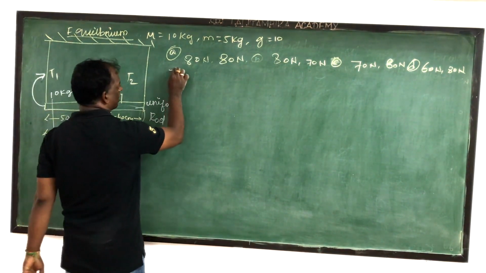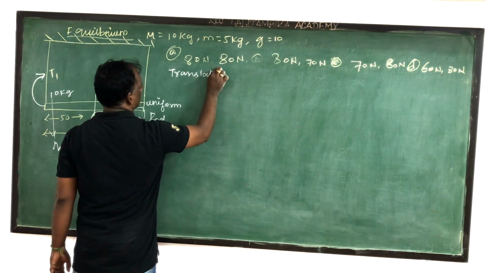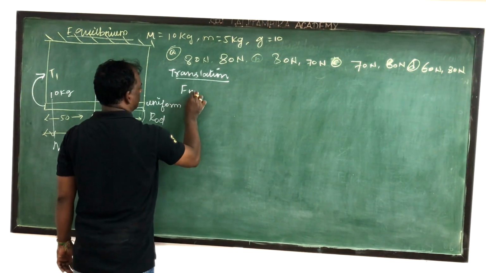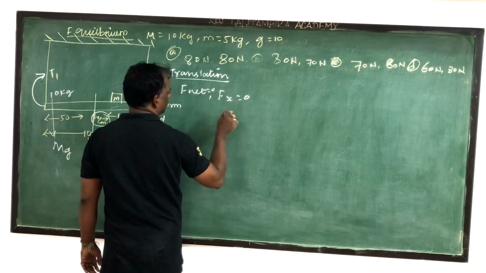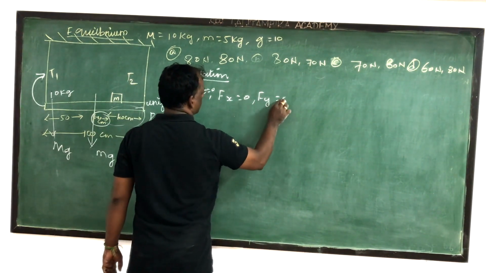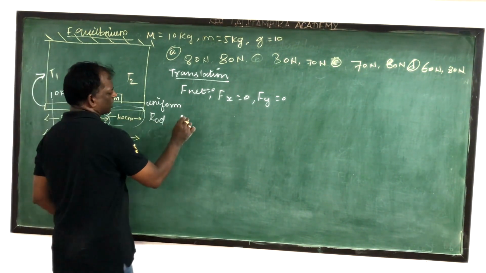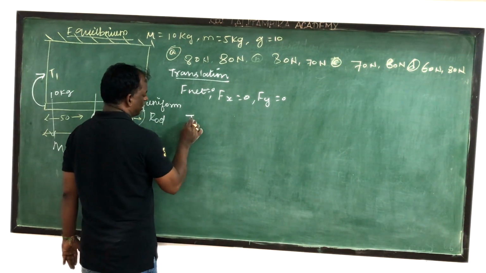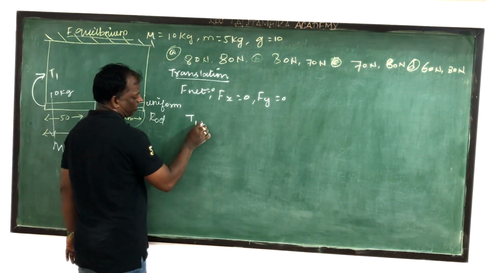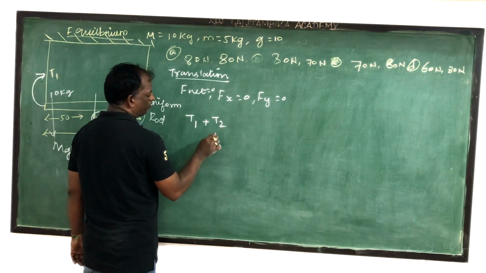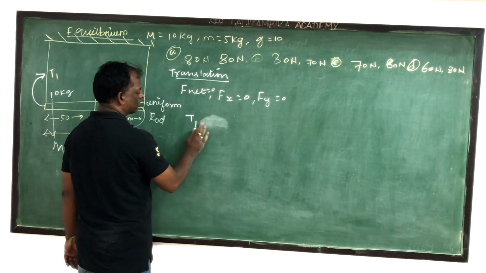So in translation, F net is equal to 0, that is F of x is equal to 0 and F of y is equal to 0. Since it is in the y direction, what is tension?